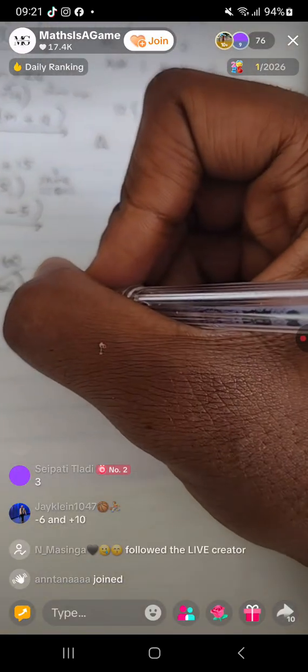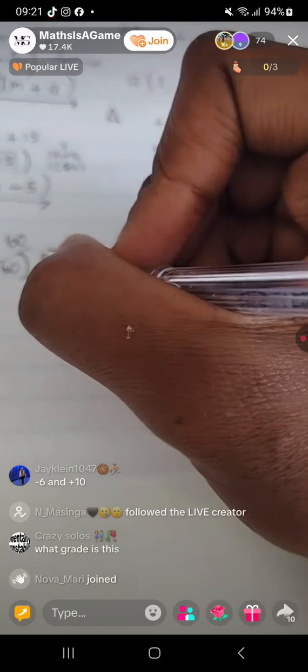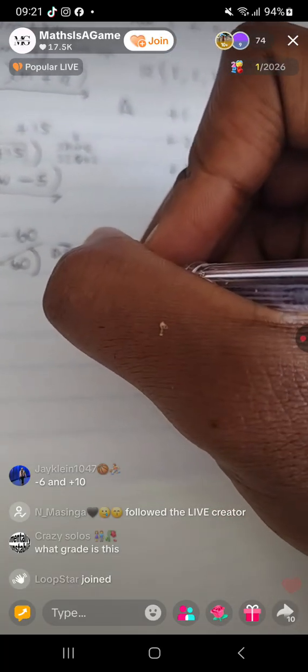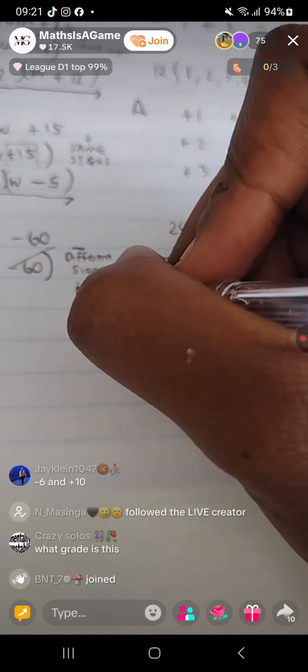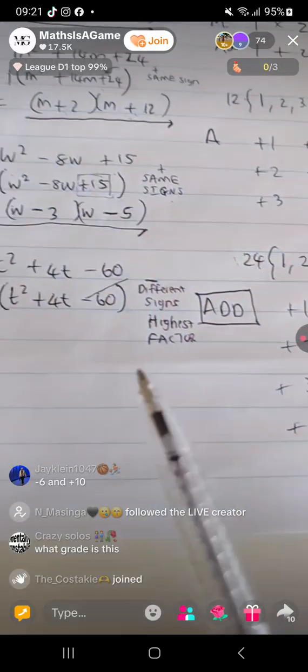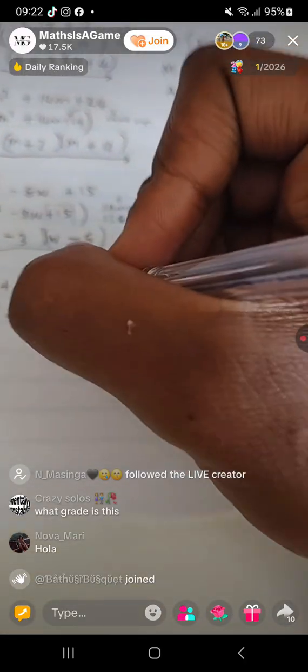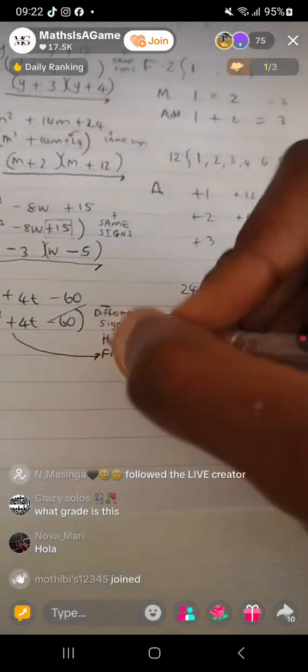Furthermore, the highest factor from the factors of 60 is going to have which sign? It's going to have the sign of the middle term.